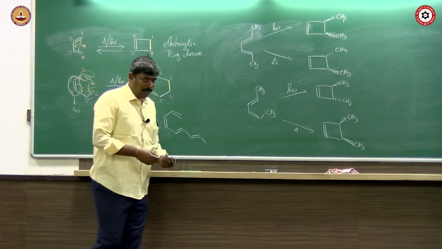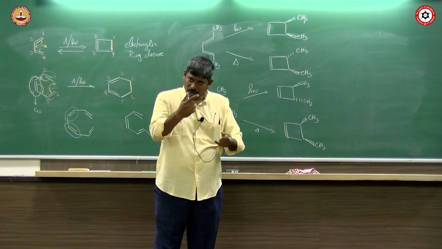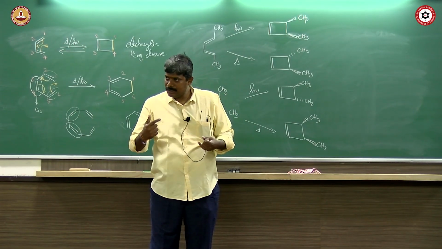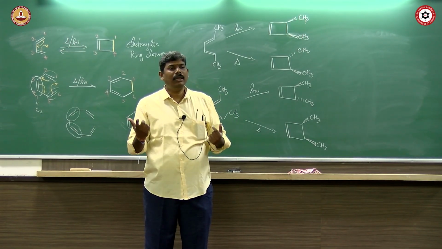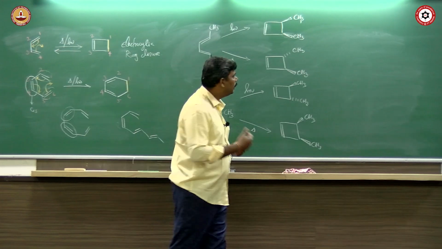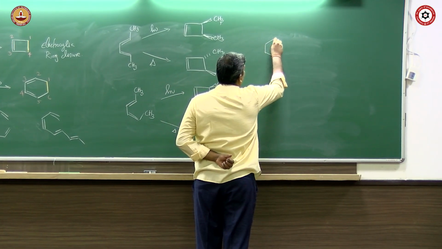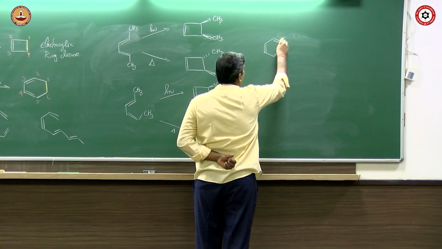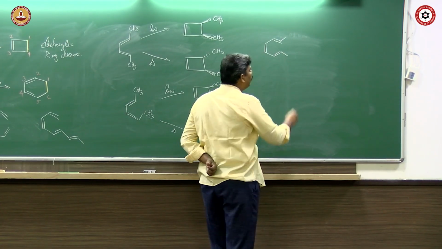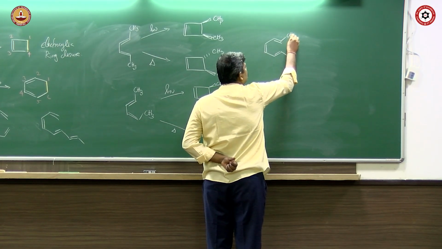In the same way, now we looked at a geometry, we looked at a condition. Let's look at the number of electrons. For example, I have, once again, if you look at it, this is also trans.